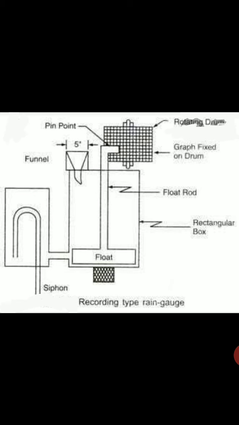The recording rain gauge also gives the intensity of rainfall at any time, while the non-recording gauge gives the total rainfall in any particular interval of time. As no attendant is required, such rain gauge can be installed in far off places also. Fourth point, possibility of human error is obviated.